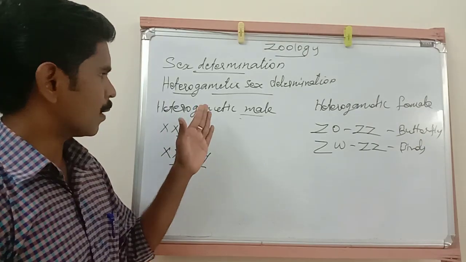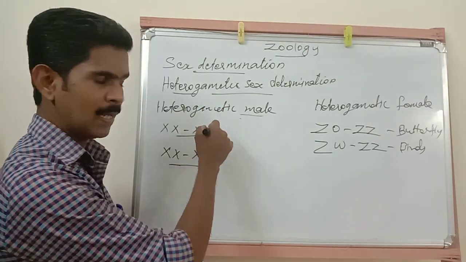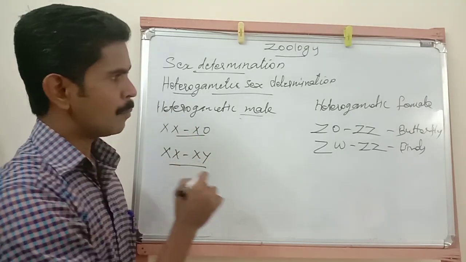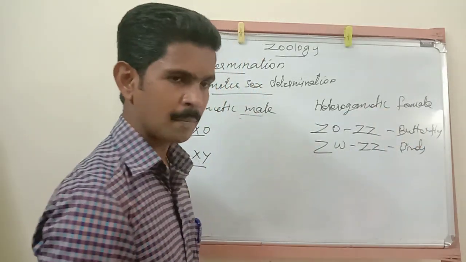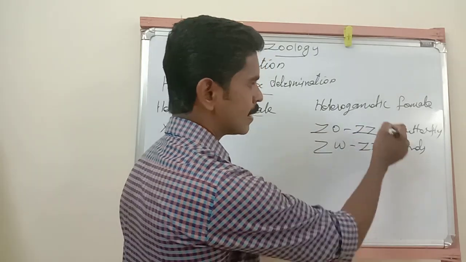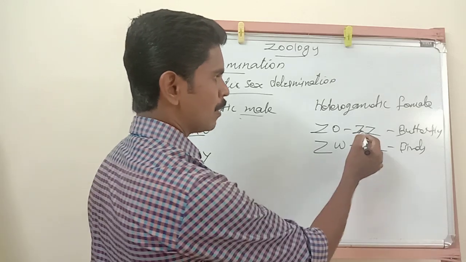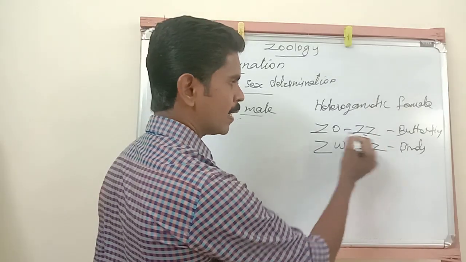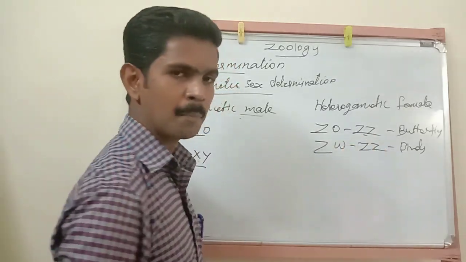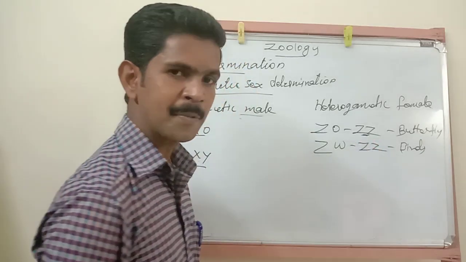So in heterogametic male sex determination, the male sex is dissimilar and the female sex is similar. But in heterogametic female sex determination, the females are dissimilar and the males are similar. So in ZO, ZZ type of sex determination, the male produces only one type of sperm.